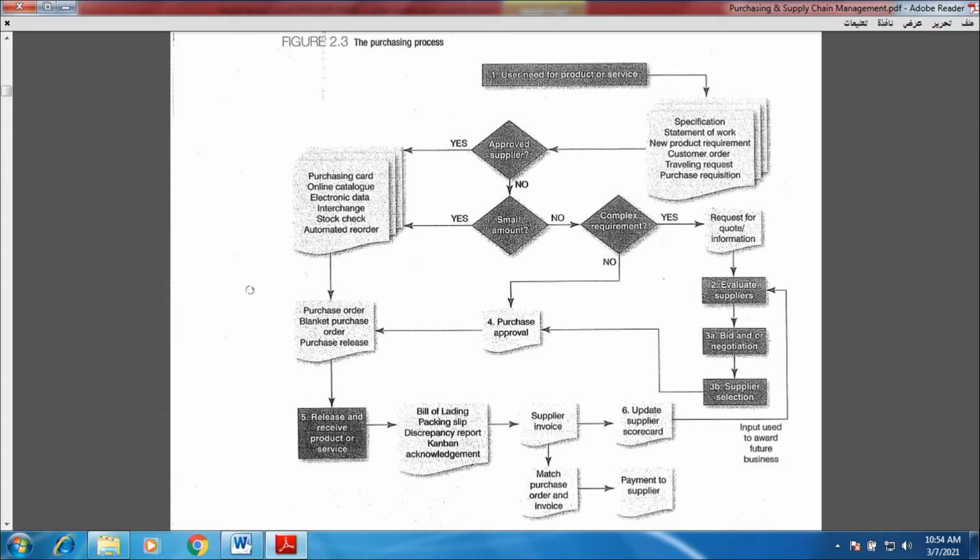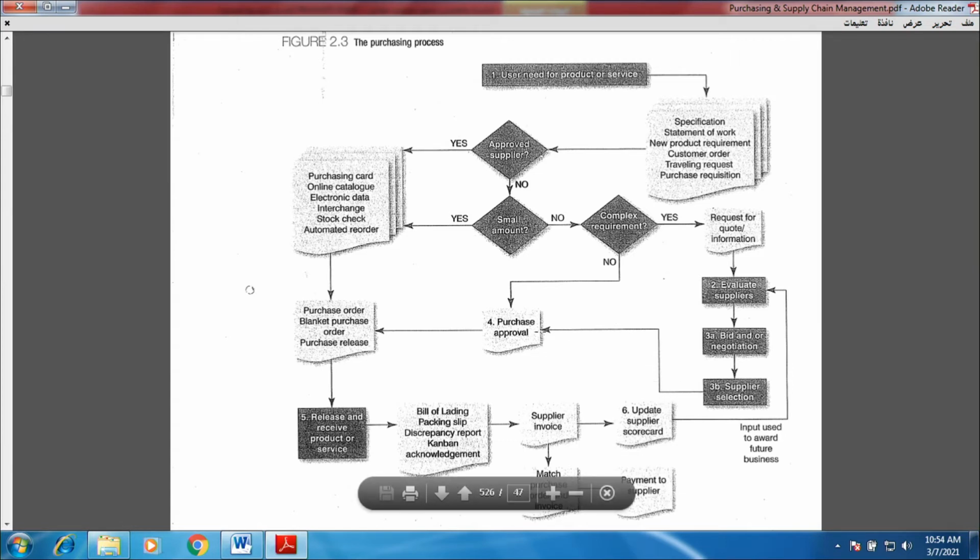We give a contract to the supplier directly, or we can negotiate the technical offer and the financial offer with the supplier. So when we have the supplier selection, the supplier is okay, we accept the supplier, we send him a purchase approval.